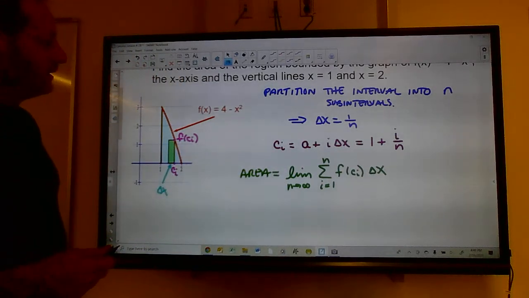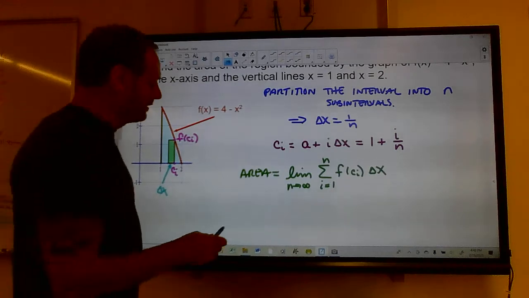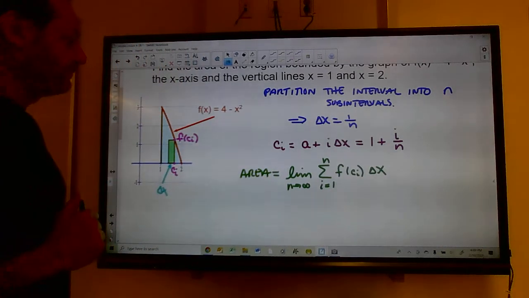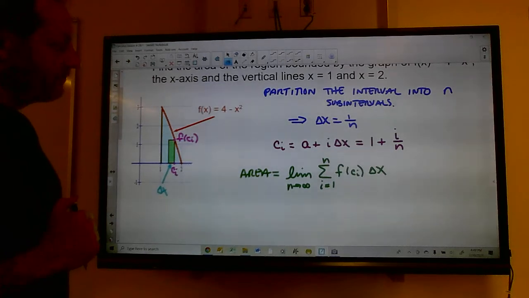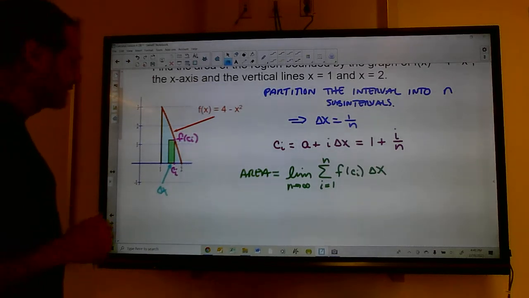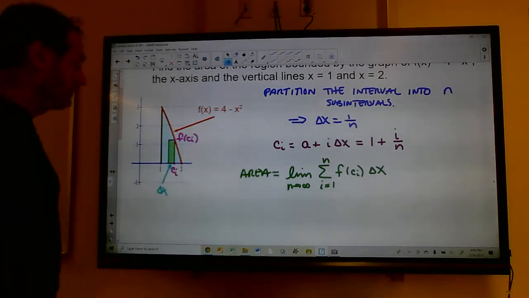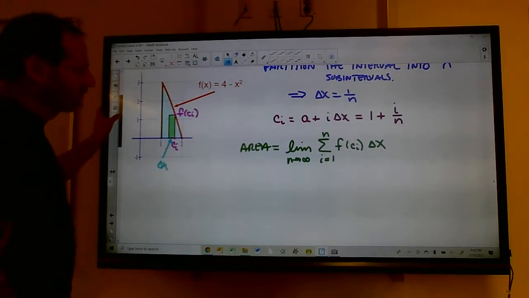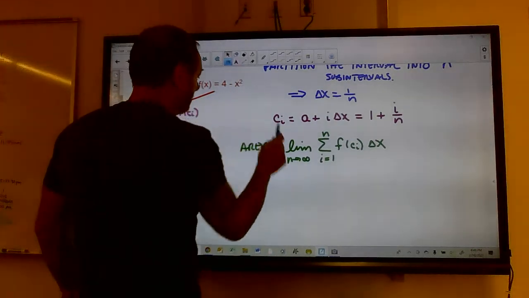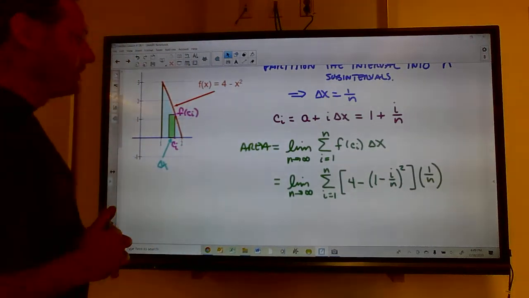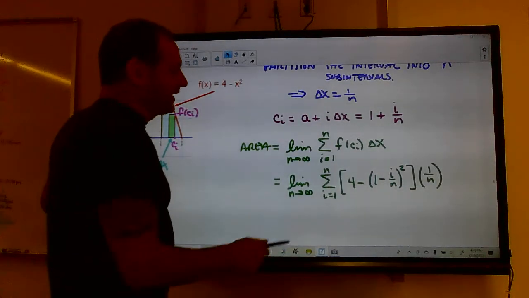Then that gives me the area, which is the limit as n goes to infinity of the sum from i equals 1 to n of f of c sub i times delta x. So it's basically the sum of the base times the height of all those rectangles. Okay, so delta x was 1 over n.